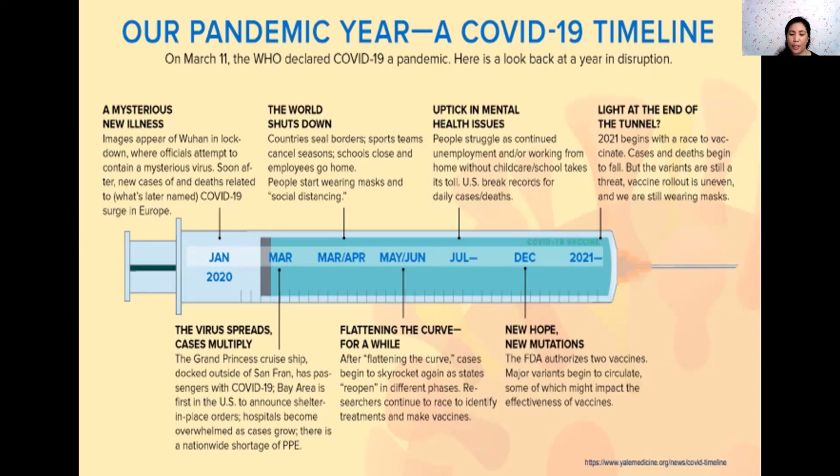So by December 2020, finally, ito na yung US FDA authorizes COVID-19 vaccines. We have Pfizer and BioNTech. It was December 11, 2020, then nang ma-discover ang new variants of virus na tinatawag na Delta variant. So today, we are still wearing face masks and our schools remain closed.